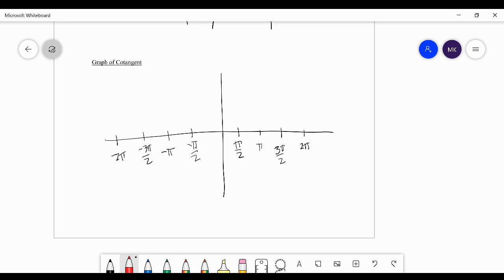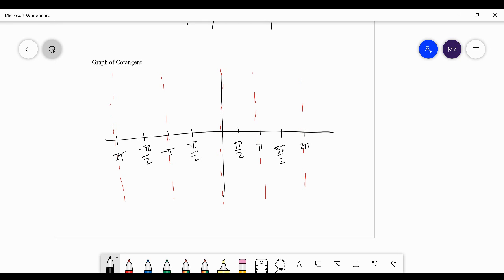Since tangent is y over x, cotangent is x over y.